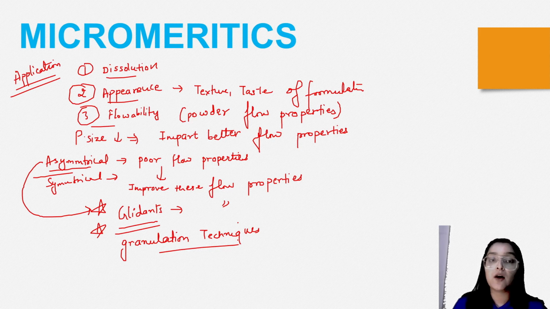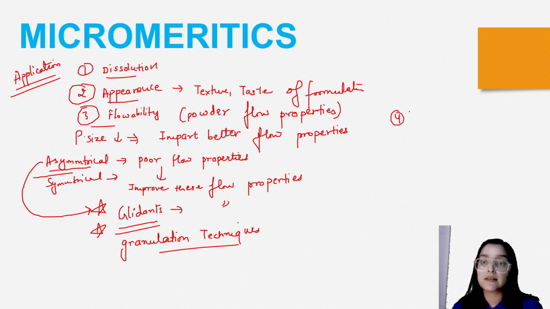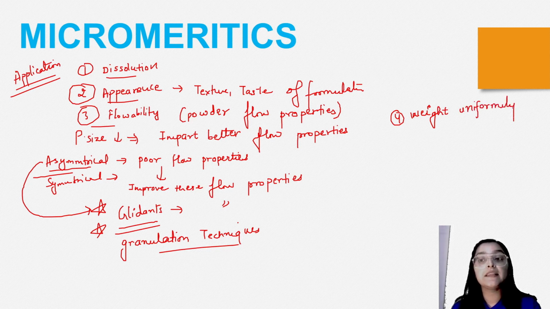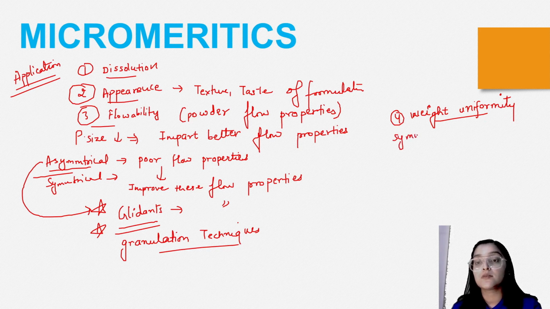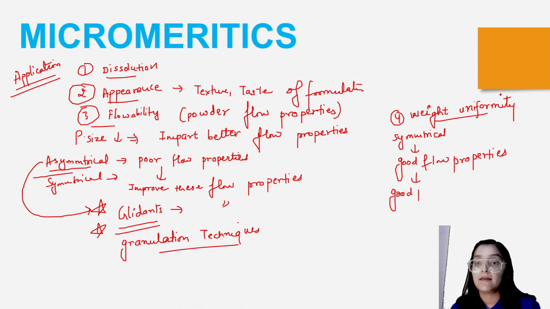So, I now include three applications: the resolution, the appearance, the flowability. Last is the weight uniformity. As I have mentioned, if the powder particles are symmetrical, they provide good flow properties, and only then will there be good packing, right?